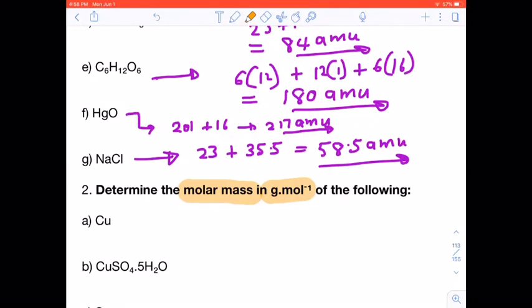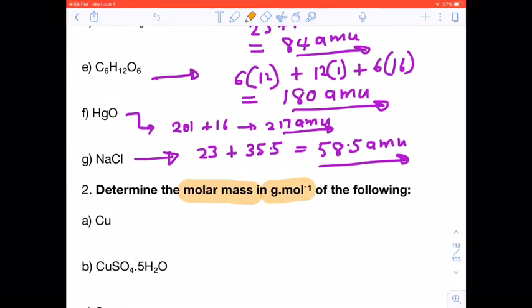Not the, when I am speaking of the molar mass, I mean the unit is gram per mole. But here, when I say determine the mass of 1 mole of the substance, right? Determine the mass of 1 mole of the substance.